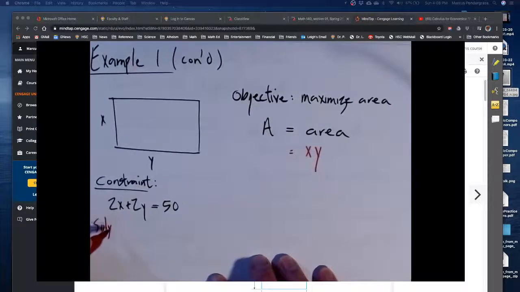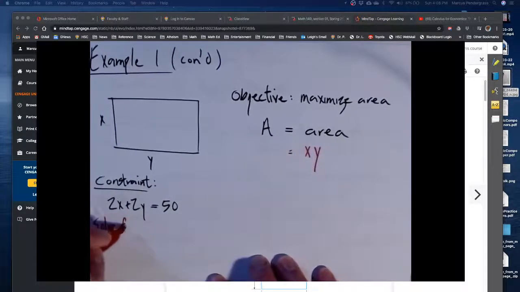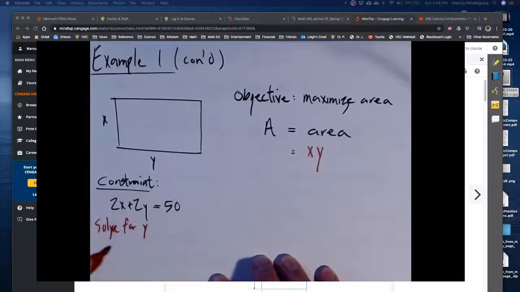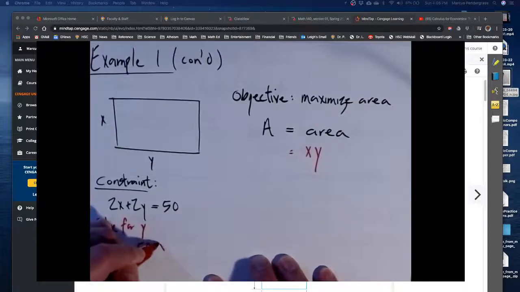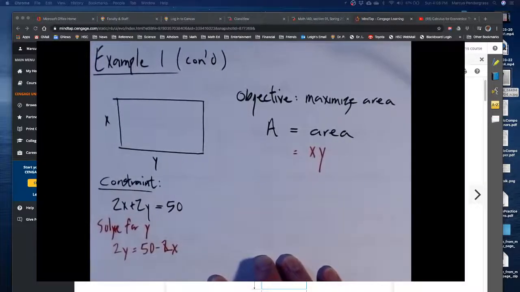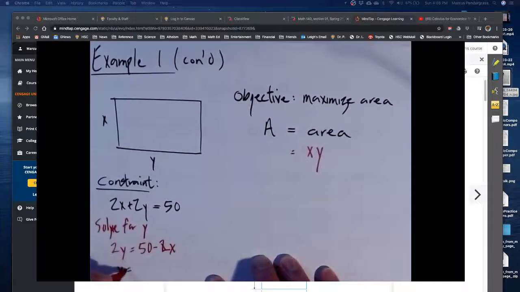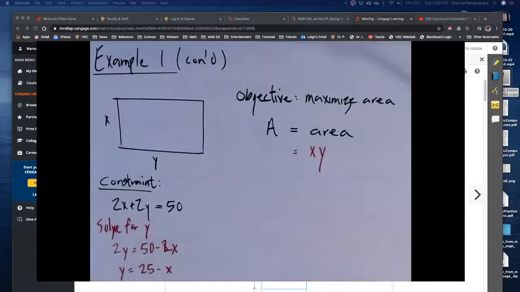Right? So let's solve for y in the constraint. You would get 2y equals 50 minus 2x. And so y would be 25 minus x.